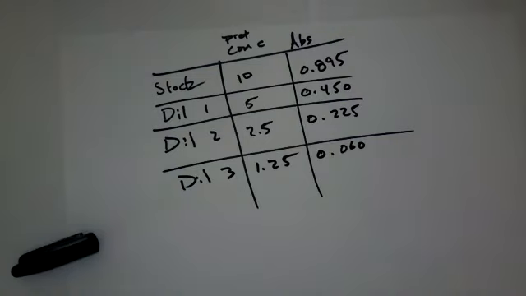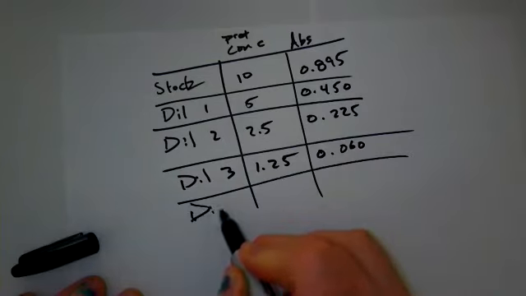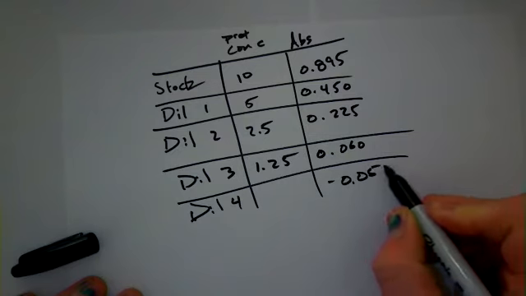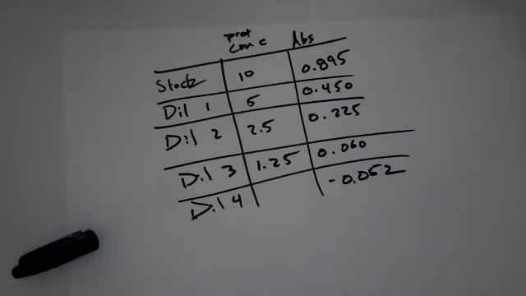So what is likely to happen with these solutions is as your concentration gets lower and lower, your absorbance is going to dramatically get lower and lower, in which case you might end up with a negative number.